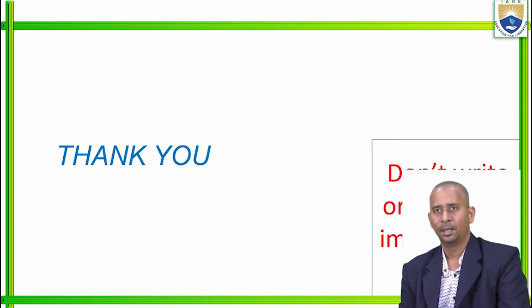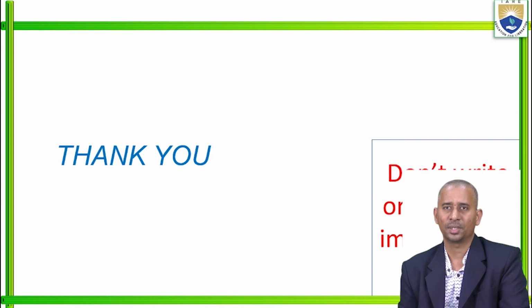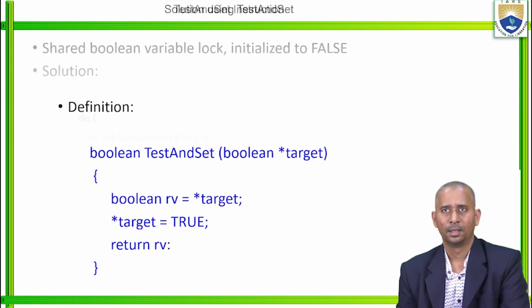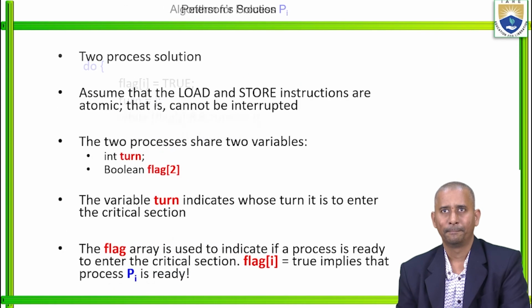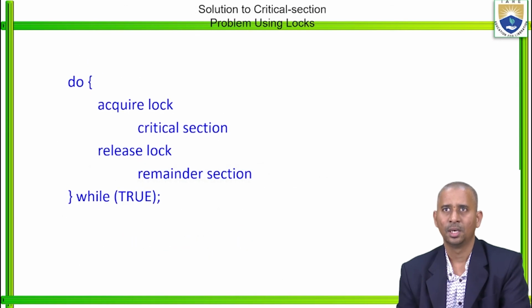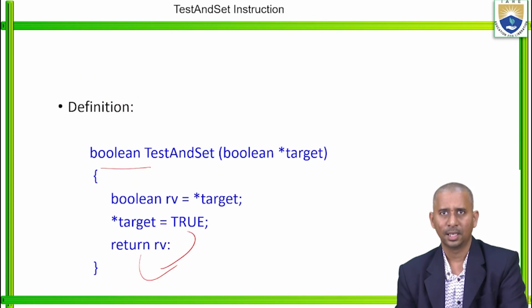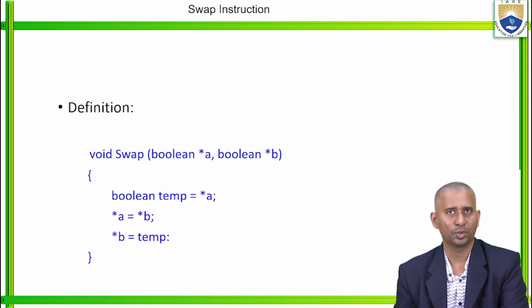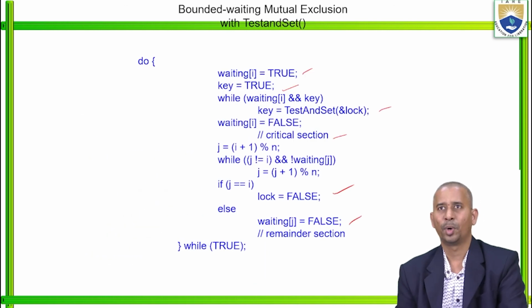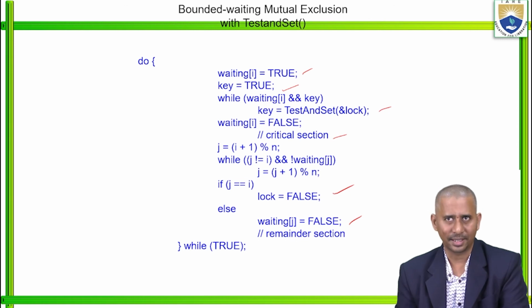So with this completed, we have covered what is meant by process synchronization, what the critical section problem is, and what the solution for the critical section problem is. What is the Peterson solution, its syntax, what is synchronization hardware, and how we provide a solution to the critical section problem using locks. What the test and set instruction is, the solution using test and set, the swap instruction and the solution using swap, and bounded waiting mutual exclusion with test and set.